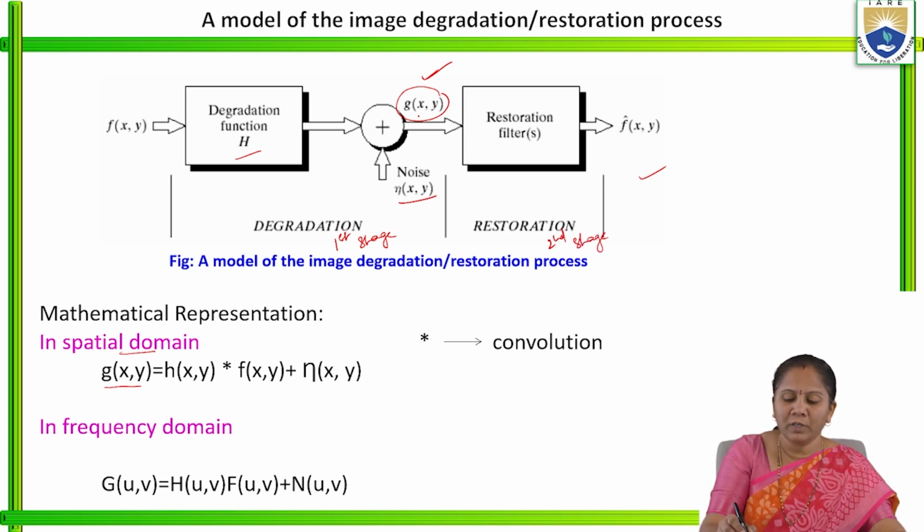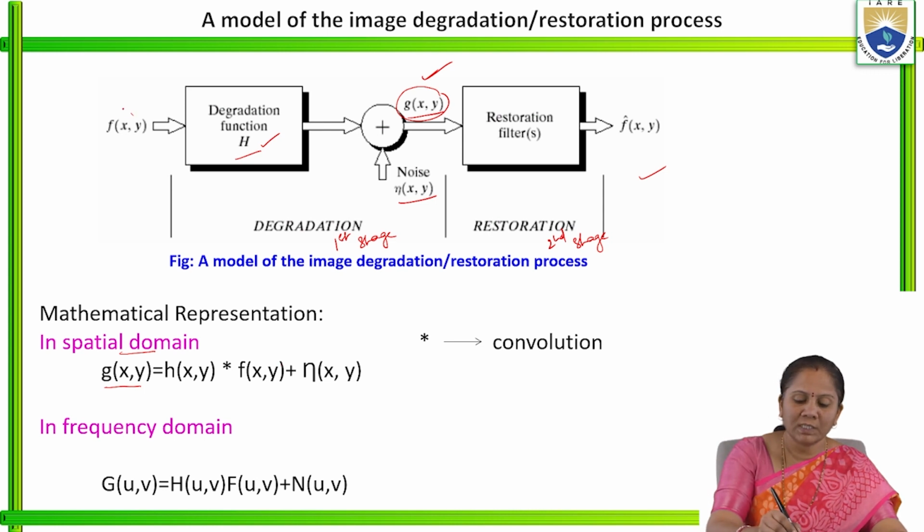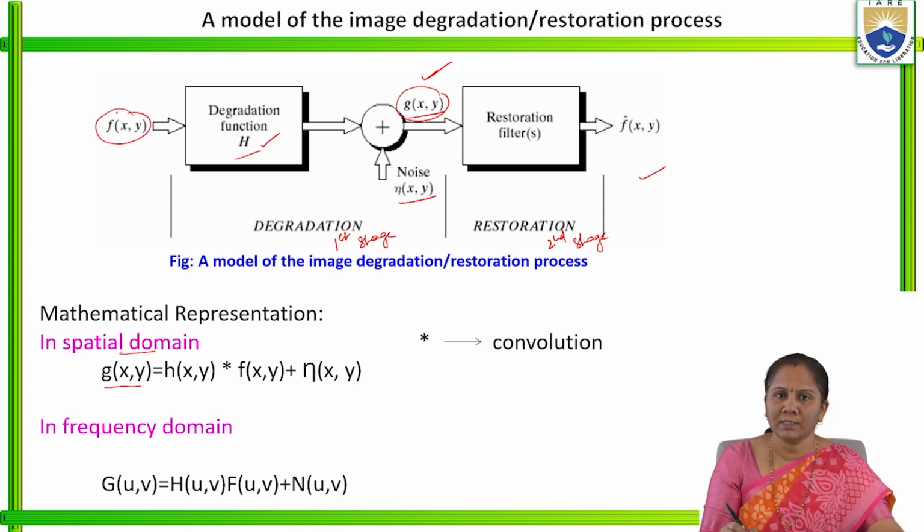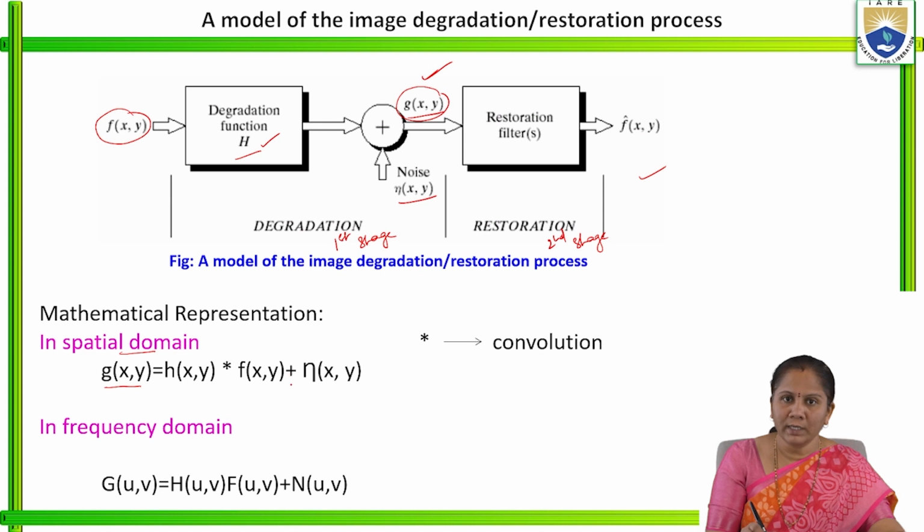So the output of the first stage is g of x comma y is equal to h of x comma y, which is the degradation function h, convolved with f of x comma y, which is the input image. And to that, the additive noise eta of x comma y is added.